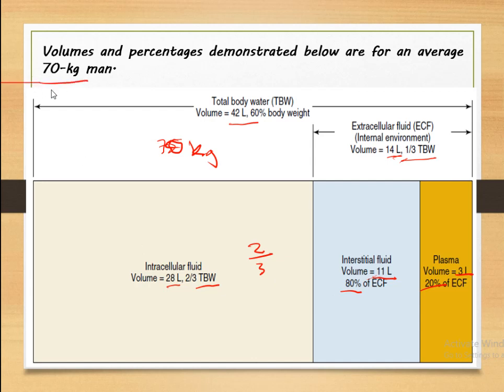What are we supposed to know about this? We need to take note that 5 liters makes up the blood volume. Normal vascular volume is about 5 liters.